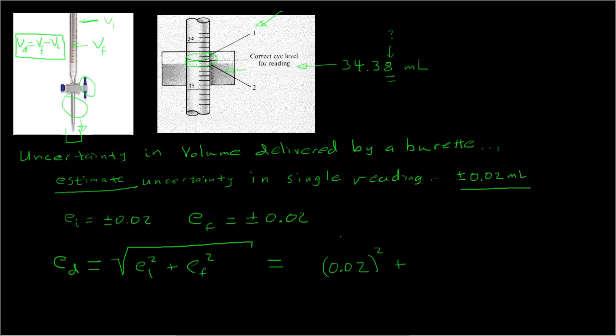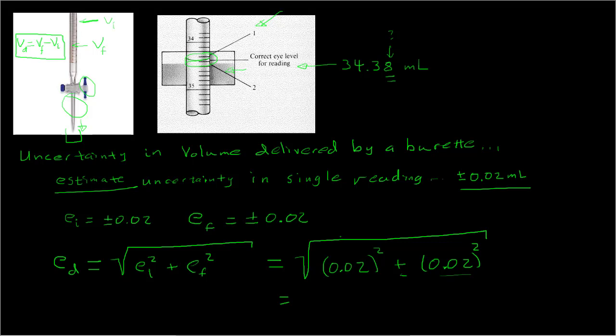We're going to add that to 0.02 squared, and then we're going to take the square root of that. So you want to carefully punch that into your calculator. What I do is type in 0.02, and then I hit the x squared function. Then I type the plus sign, type in 0.02 again and the x squared function, and then hit the equals sign.